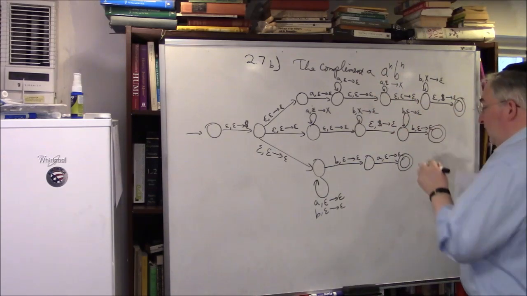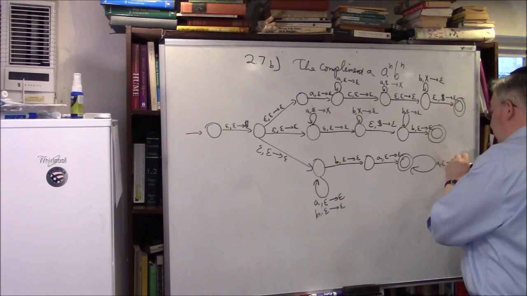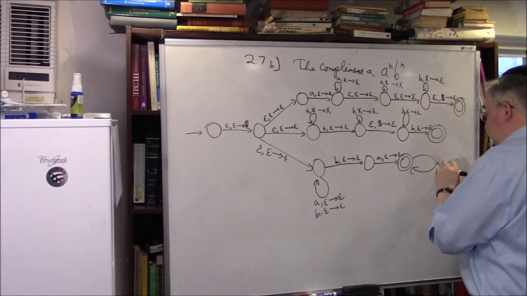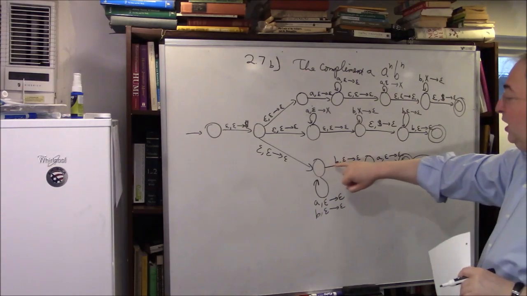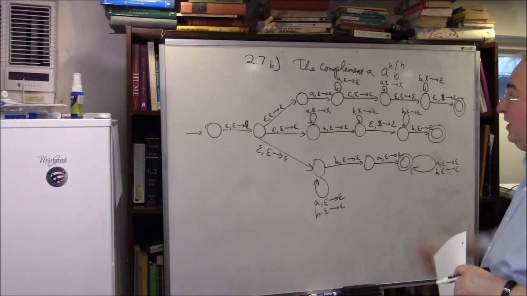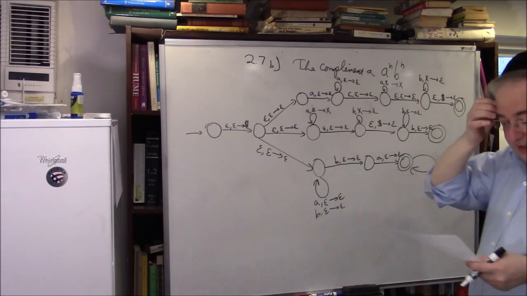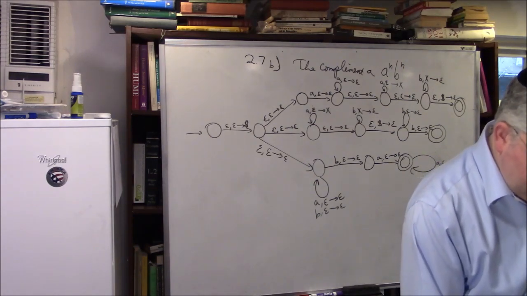And once you're here, I don't care what you see afterwards, A or B, once you see a BA, stay in the accepting state. That's the complement of A to the n, B to the n. Okay, good. Next.